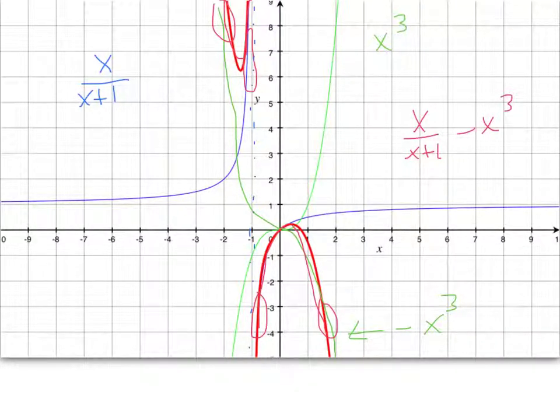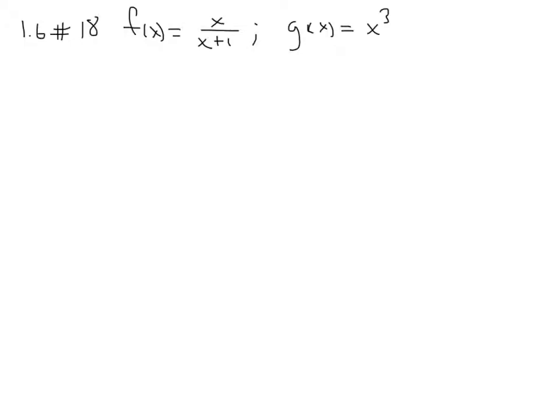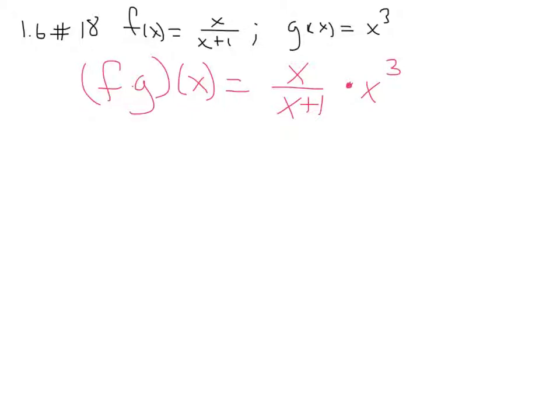Now let's look at multiplying these things. Multiplying functions, f times g of x. This is, again, just multiplying our two functions. So it's going to be x over x plus 1 times x cubed. Now remember, x cubed we can think of as a fraction of x cubed over 1.